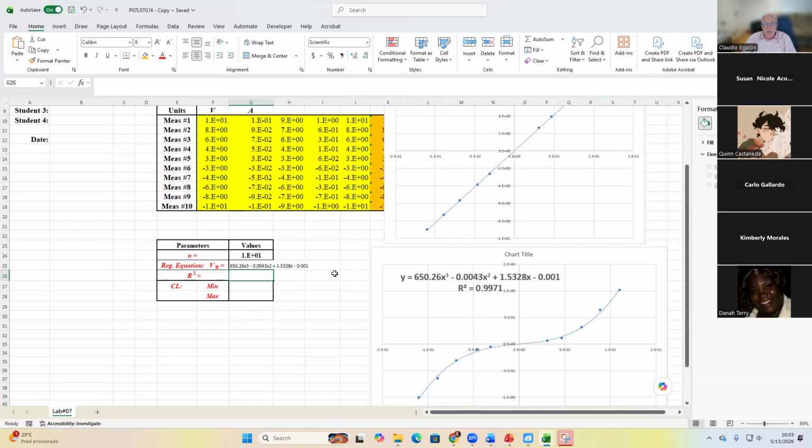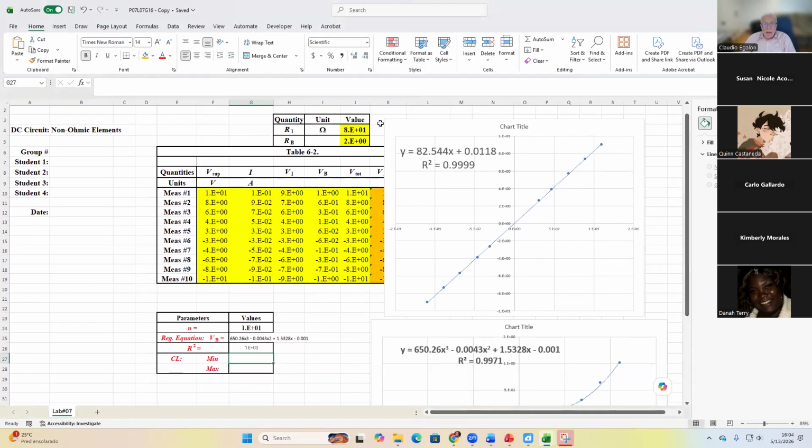R square is 0.9971. We need to have our break, right? And then you get the CL, mean and maximum, from the table.